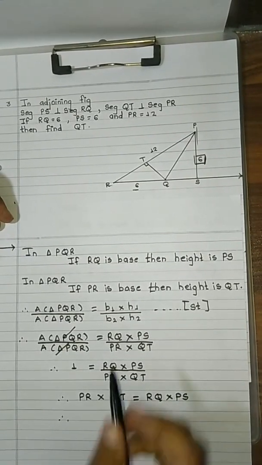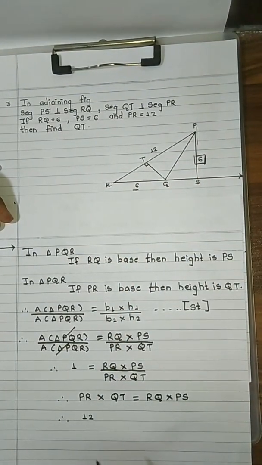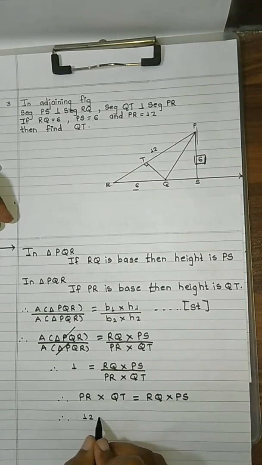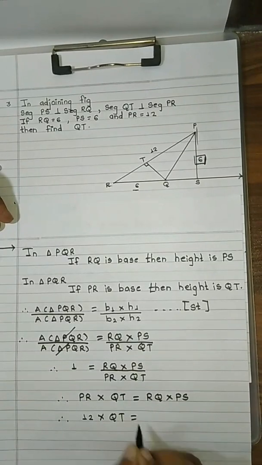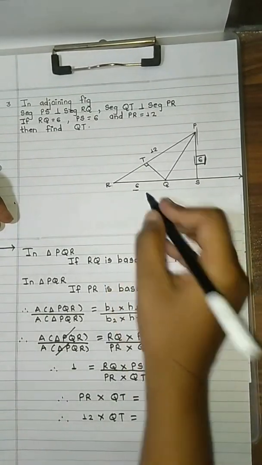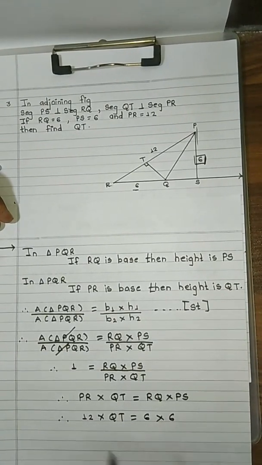Therefore, now what is PR? PR is 12. And QT we have to find out. RQ is 6 into PS is also 6.